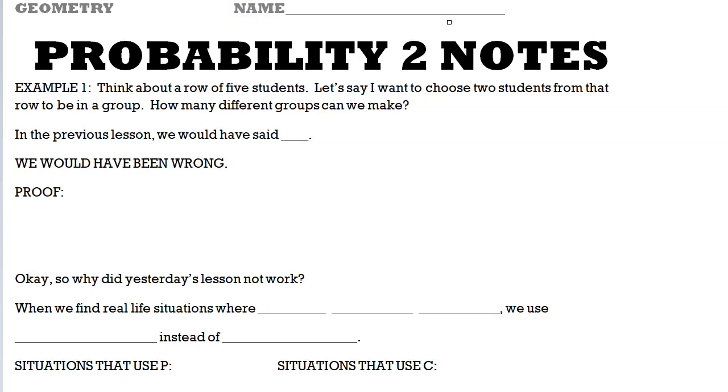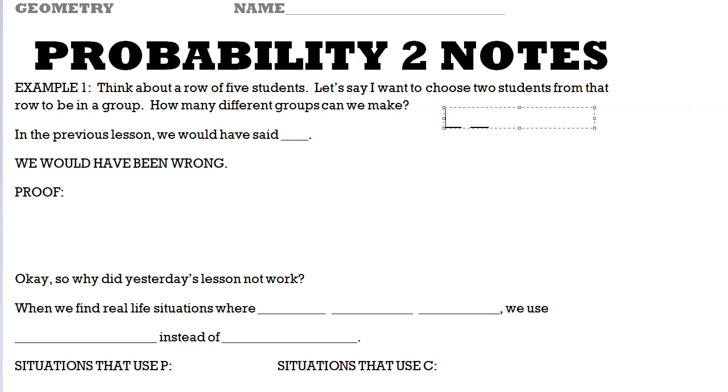So when we get started here with this lesson, it says to think about a row of 5 students, and you want to choose 2 to be in a group. How many different groups can we make? So in the previous lesson, we learned that you can take blanks, and you can say, well, I am going to have 5 students to choose from.